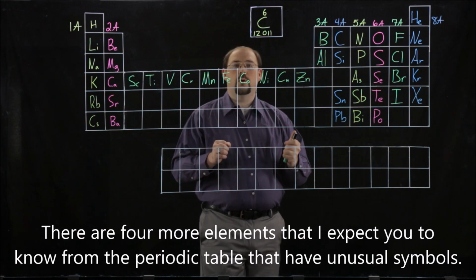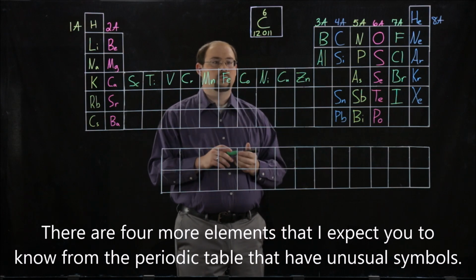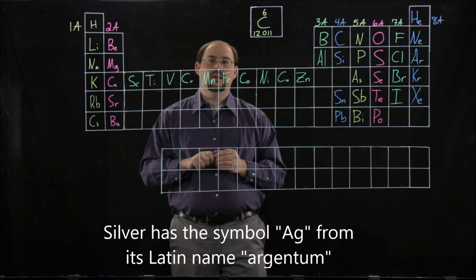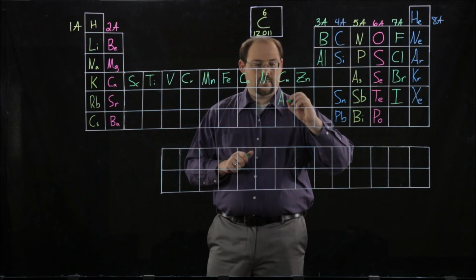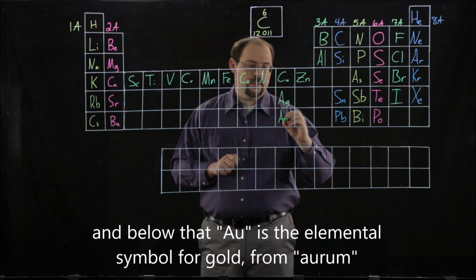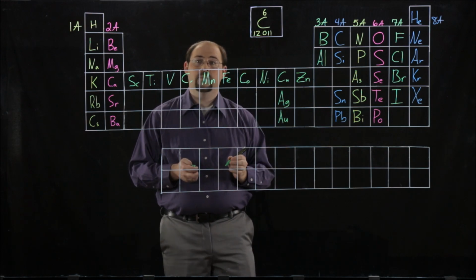Now there are 4 more elements that I expect you to know from the periodic table that have unusual symbols. Silver has the symbol Ag from its Latin name argentum. And below that, Au is the elemental symbol for gold from aurum.